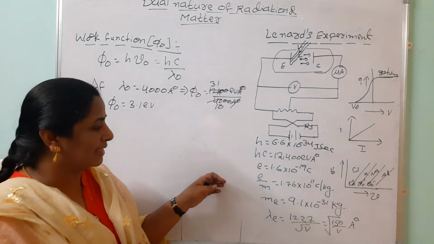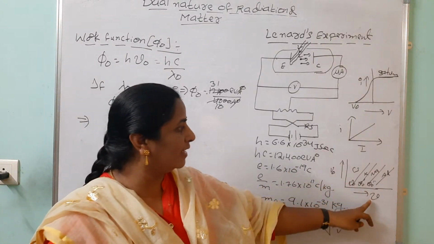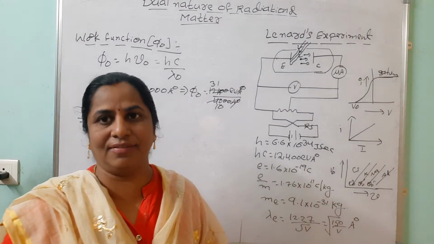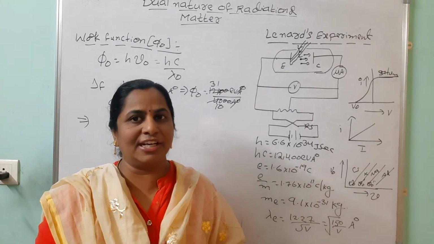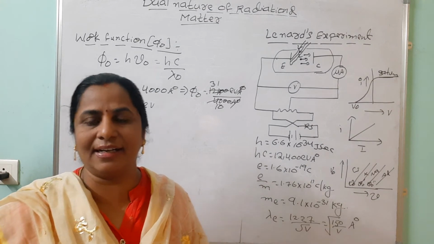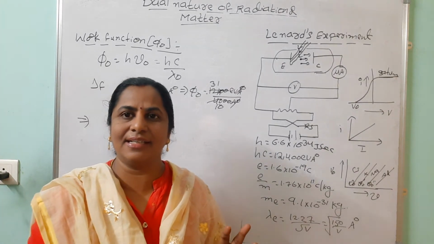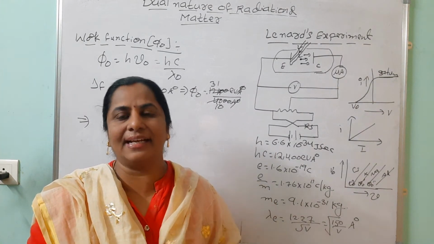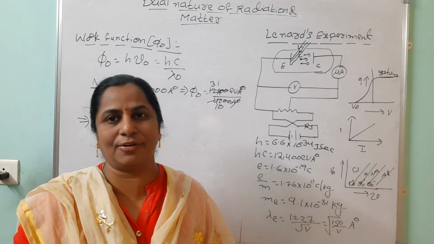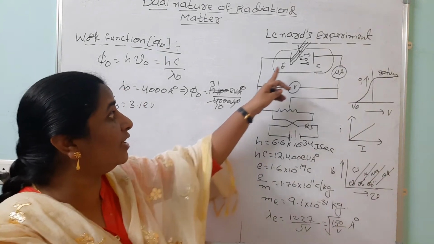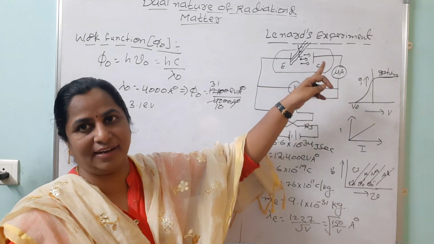Then we are going to discuss, see, frequency. What is the effect of the frequency? When frequency is increasing or decreasing, there is no change in the electric current. But which is changing here? The kinetic energy of the liberated electrons is changing. If more frequency, more kinetic energy.